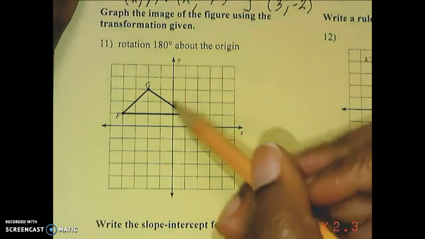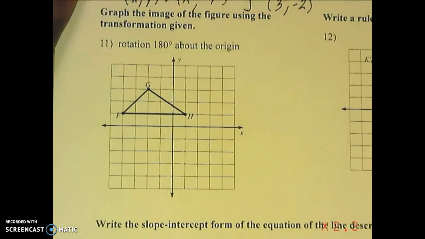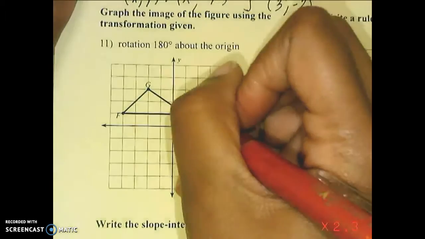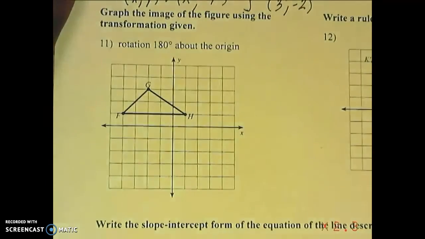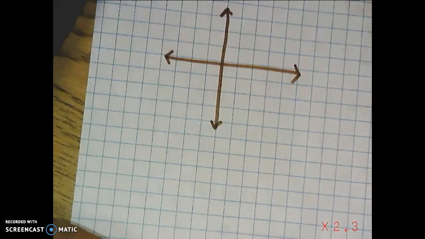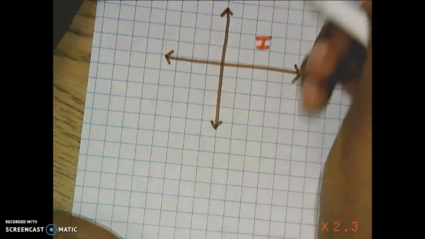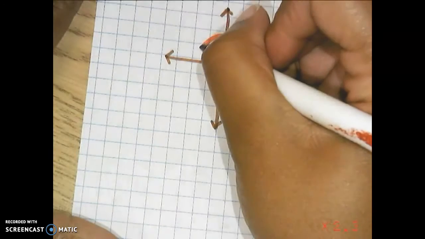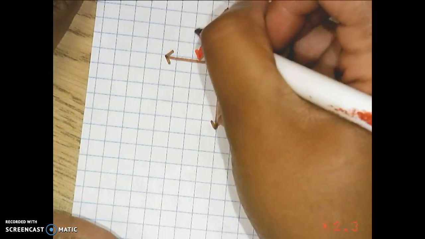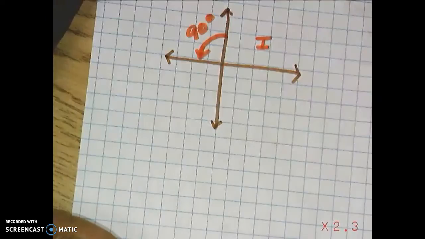So right now, don't forget, let me get a pen. Every single turn in a rotation. For example, let's say I start off in quadrant 1. If I start off in quadrant 1 and I change it 90 degrees, I'm going to end up in quadrant 2.